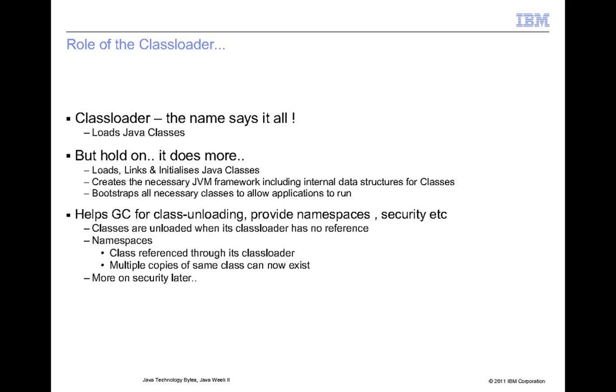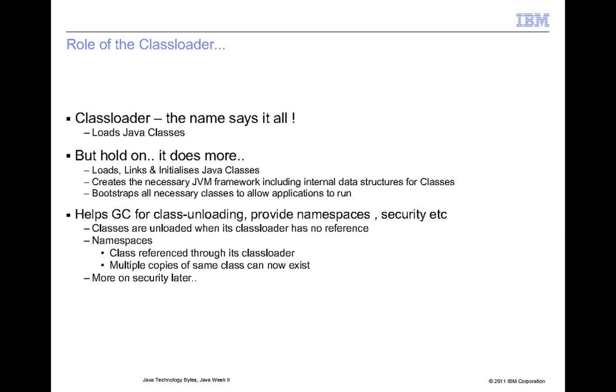Now, what this means is the class loader also allows you to create what is called a namespace. That means you have the opportunity to load the same class into different namespaces, thereby having multiple copies of the same class. Your class loader also provides a means of security, on which I will talk a bit later on.